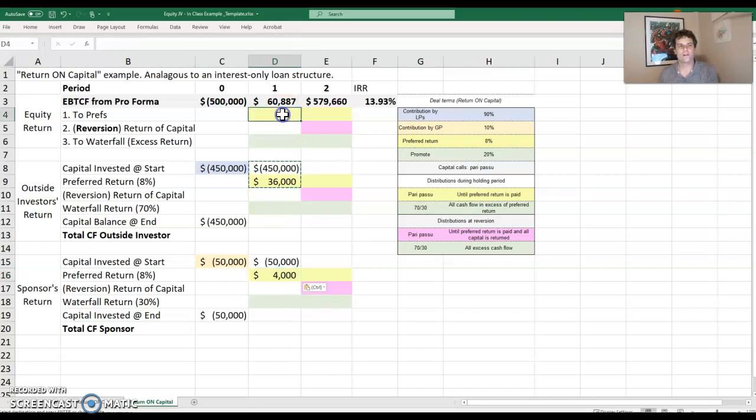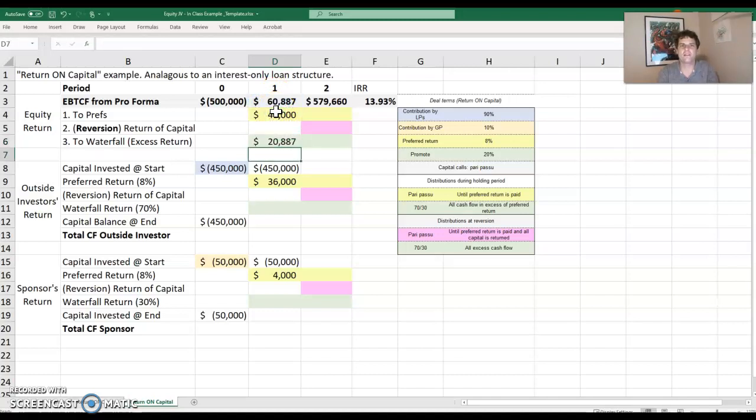So we know that we have only spent $40,000 of that $60,000 on the preferred returns, and we've paid them all out. So what happens is any remaining money is distributed according to the waterfall structure.